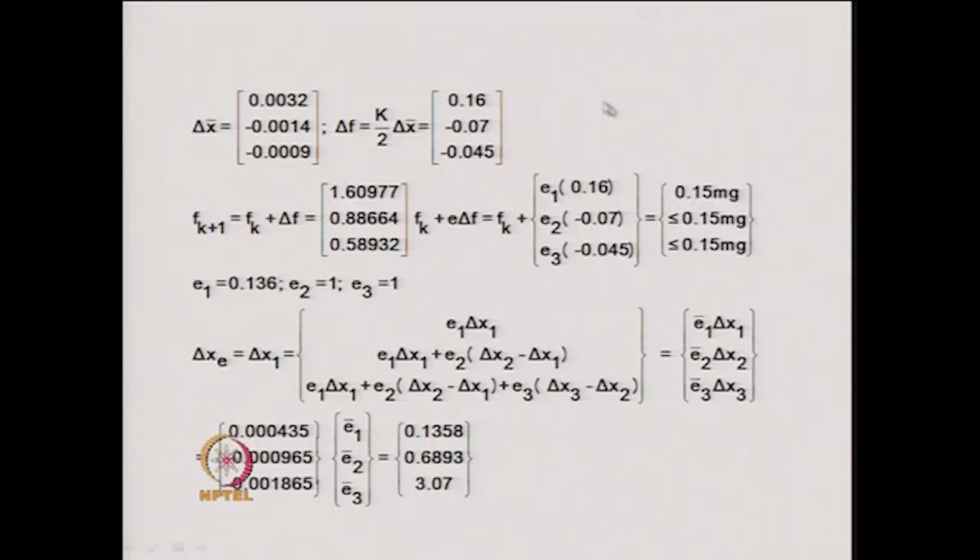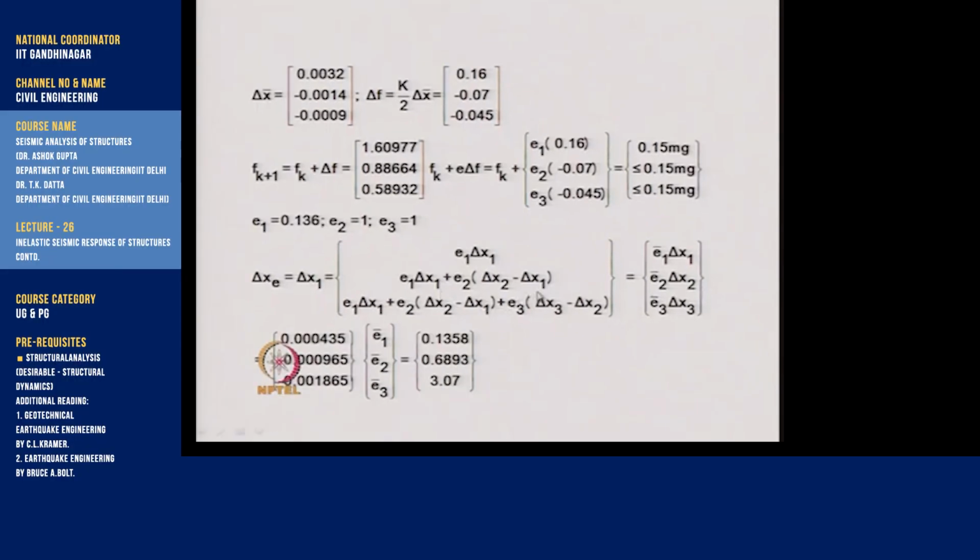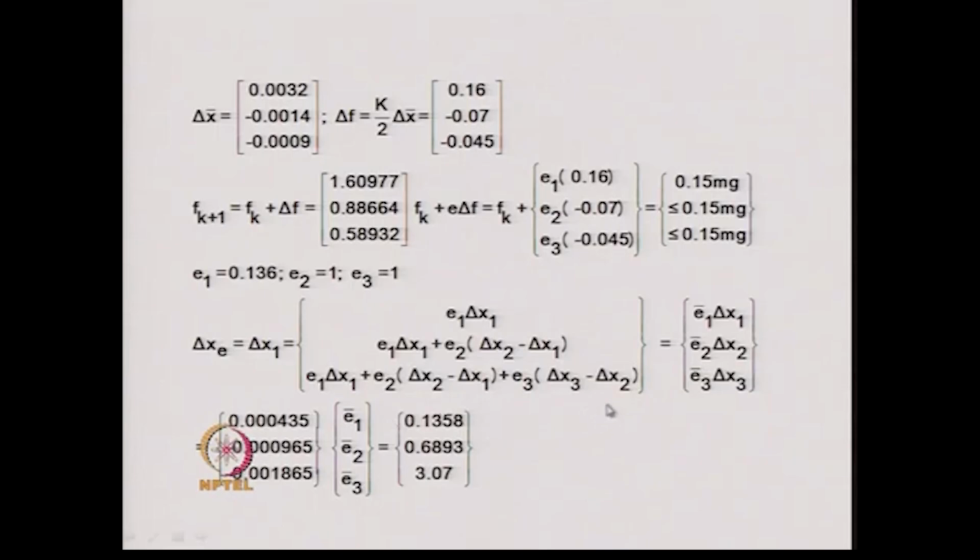that is for the drift, whatever scaling factor is for the drift, the same scaling factor is used for delta x1, and for the second column it will be E1 into delta x1 plus E2 into delta x2 minus delta x1, that is the drift multiplied by E2. So, that is what we have done over here, we know E2. So, similarly we can find out the displacement for the top floor, that is E1 delta x1 plus E2 into the drift plus E3 into the drift.